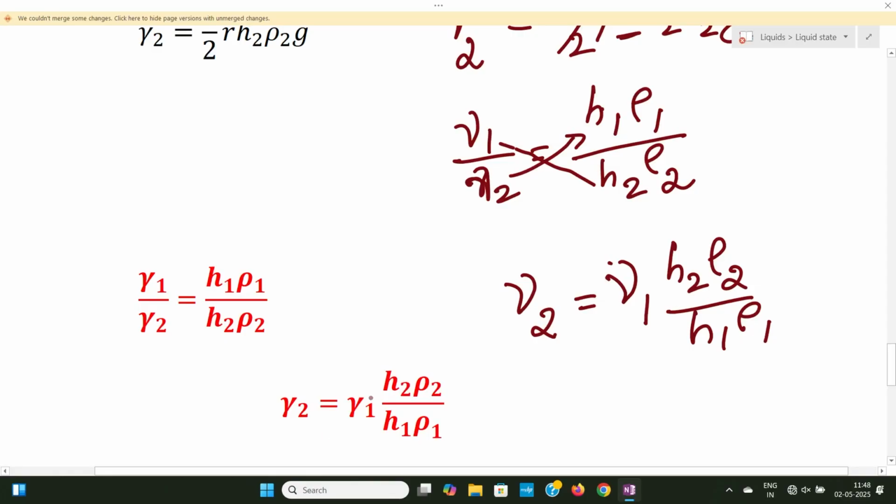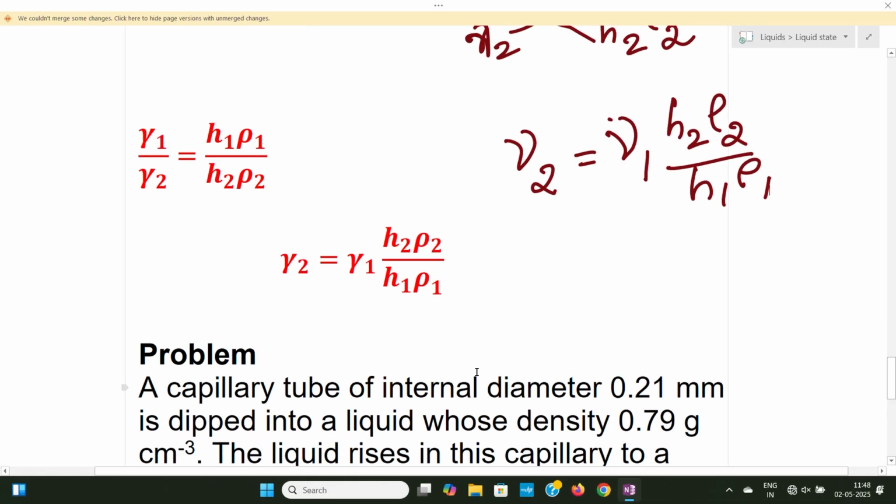So if we know the surface tension of one liquid and want to find the surface tension of the other liquid, we can use this equation: gamma 2 is equal to gamma 1 into h2 rho 2 by h1 rho 1. This is the equation to find the surface tension of the second liquid, if we know the surface tension of one liquid and all other parameters like the height in the capillary tube and the density of both the liquids.